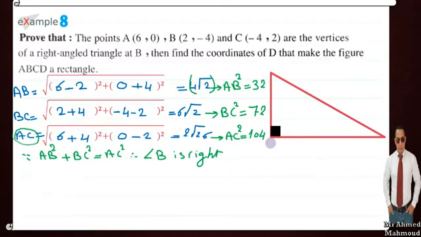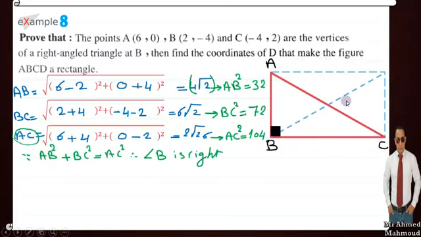And then I will write the coordinates. Here I will write B, A, and C. Okay. The second required, find the coordinates of D that makes the figure ABCD a rectangle. Okay. To complete the rectangle, I will draw like this.